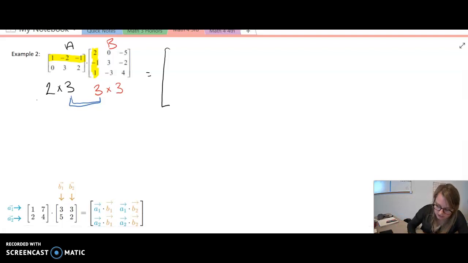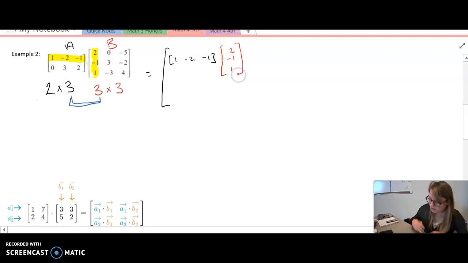I'm going to rewrite it, and it's going to be 1, -2, -1 times our B, which is 2, -1, 1. That's how we're going to rewrite each element, as these little 1 by 1s for each new element of the multiplied matrix.